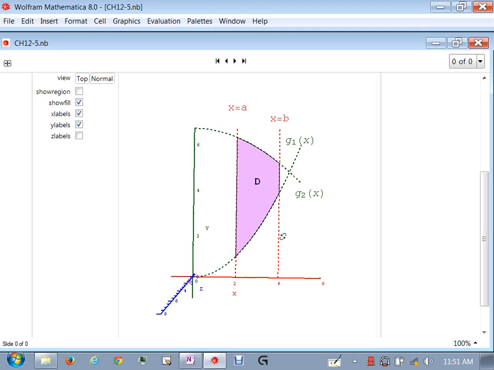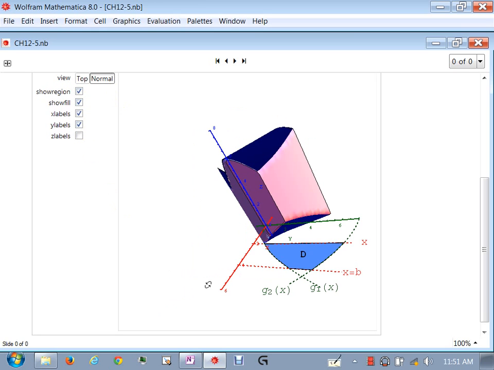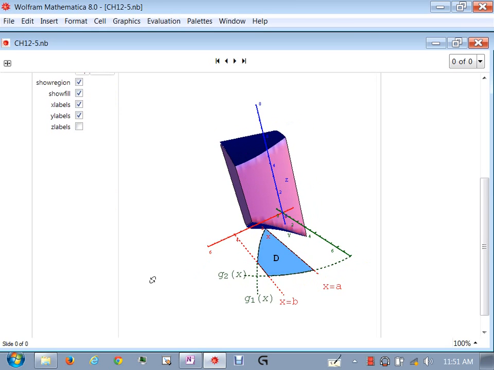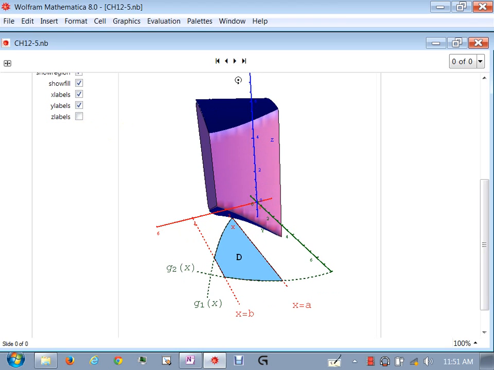And now, pop this thing out, turn it. Can you all see my restrictions on my x's and my y's down here on the ground now? And notice that my actual solid has a cap on the top and the bottom, right? The cap on the top and the cap on the bottom are actually surfaces.